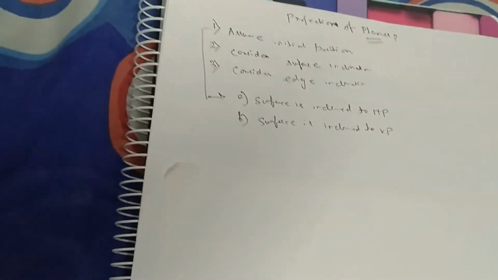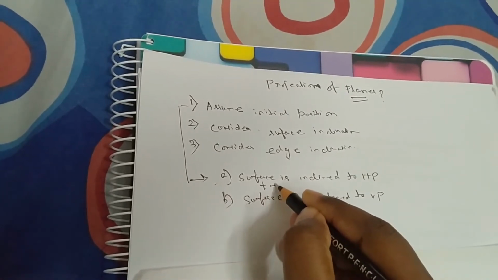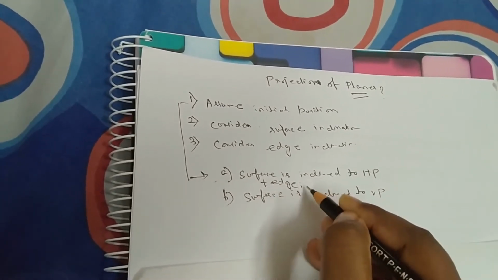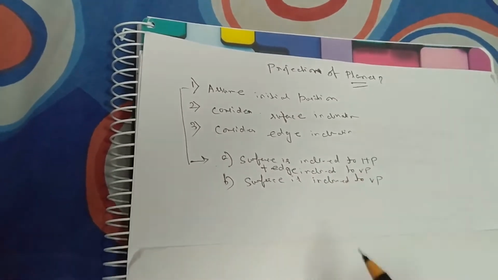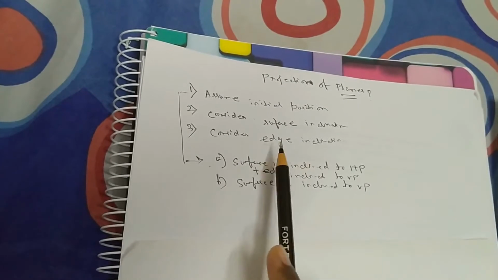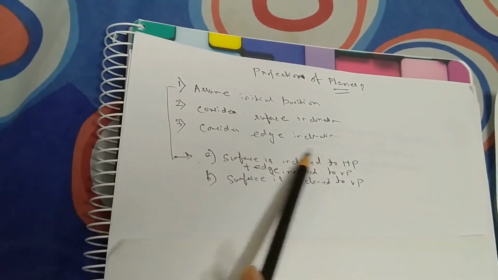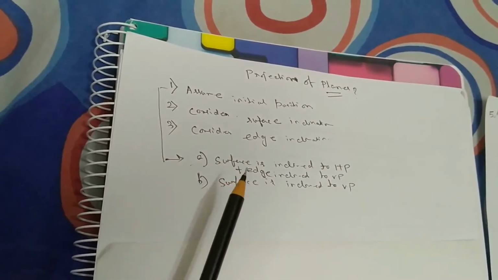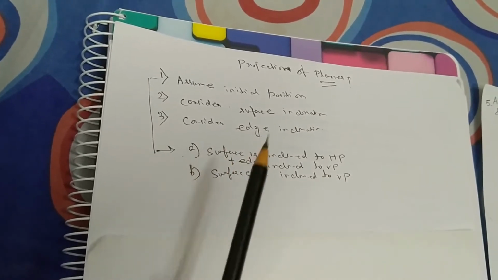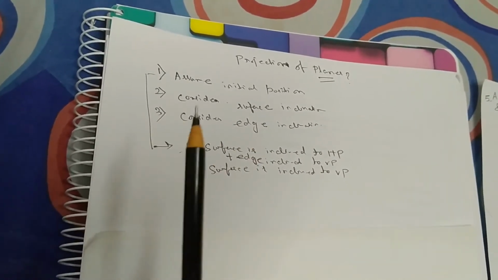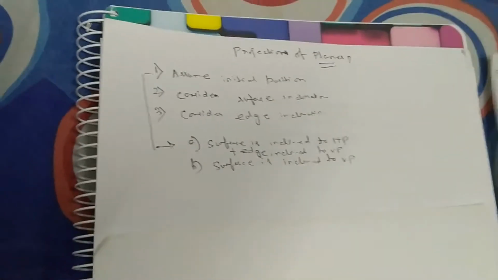Now if we are going to add the condition that the edge is inclined to VP, actually this is the third step. Though this is the third step, you have to make some arrangement in the initial position only. Why?